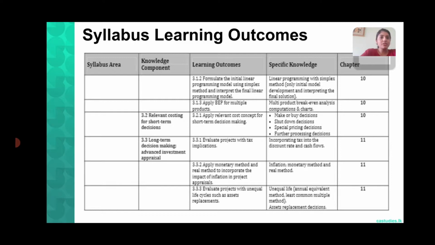And then you need to evaluate projects with tax implications, apply monetary methods, real methods to get the impact of inflation when you do project appraisals, and evaluate projects with unequal life cycles. All three of them from 3.3.1 to 3.3.3 are covered under the long-term decision making knowledge component covered in chapter 11.